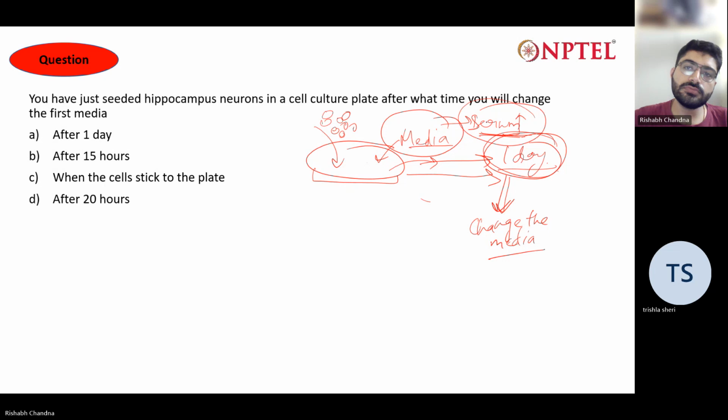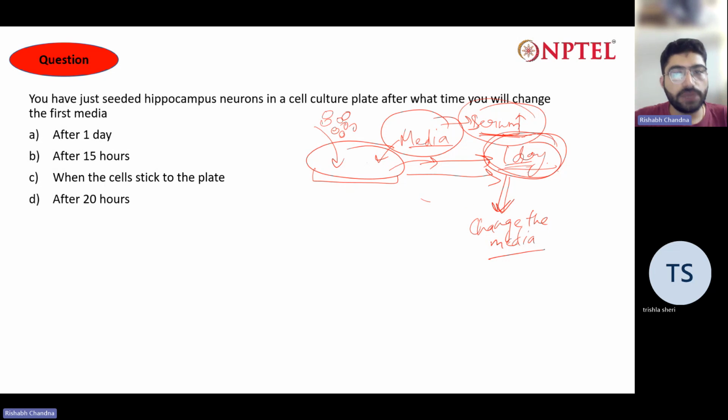This is why we have to change the media after 1 day, but we cannot wait until all the cells have been fixed on the substrate. Why? Because if some cells have not been fixed on the surface and are floating in the medium, that means they are dead.